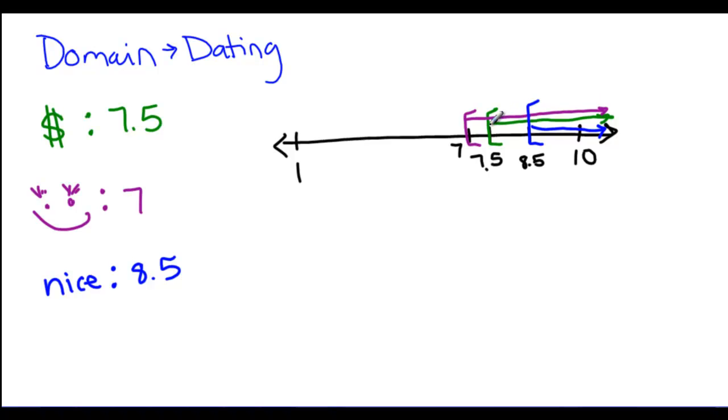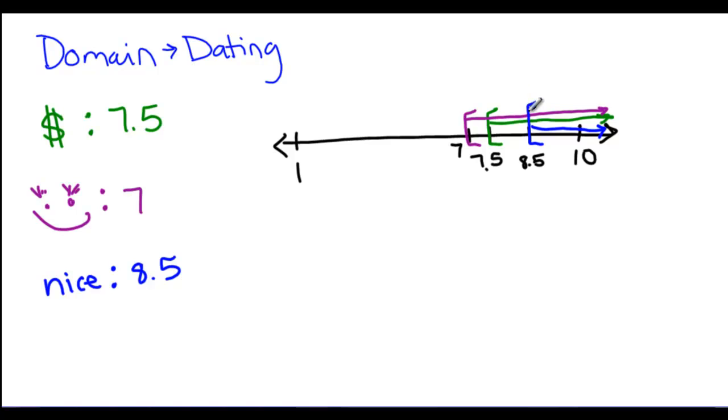Here, these people, between 7.5 and 8.5, are going to have enough money and be attractive enough, but they're not going to be nice enough. And back here, these people are going to be attractive enough, but they're not going to make enough money, and they're not going to be nice enough. So we're only looking for the area where all criteria are met.